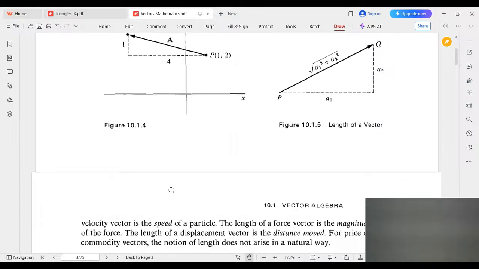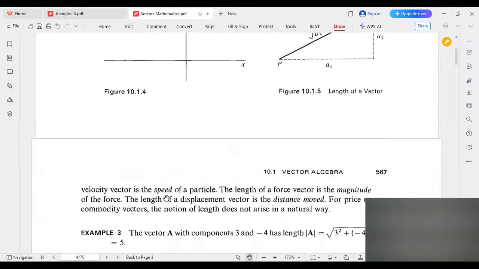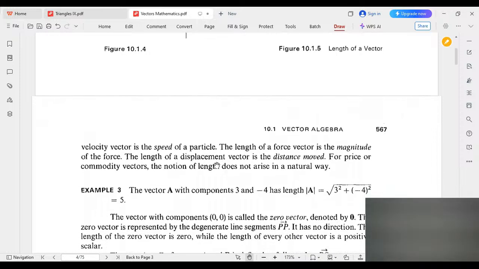The length of a velocity vector is the speed of a particle. The length of a force vector is the magnitude of the force, and the length of the displacement vector is the distance moved.